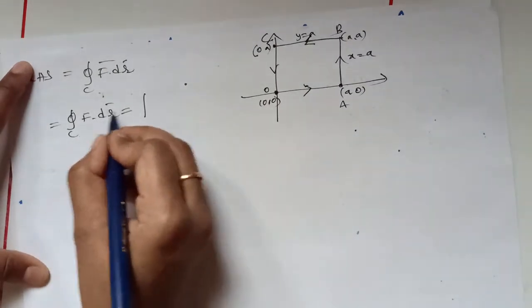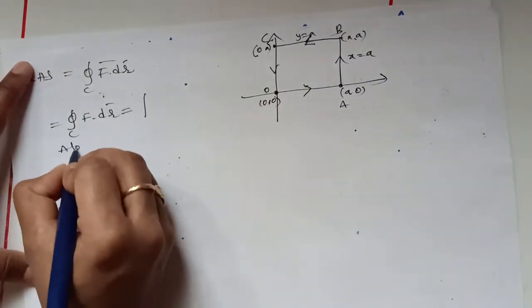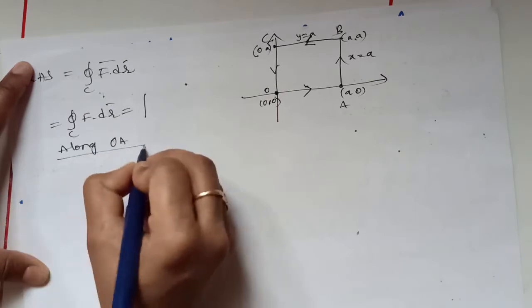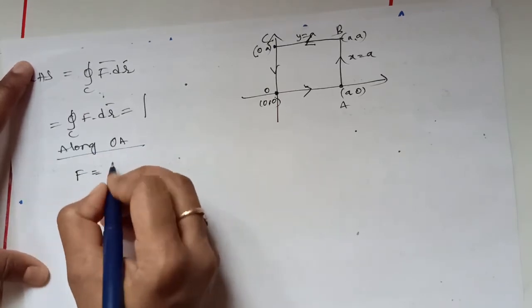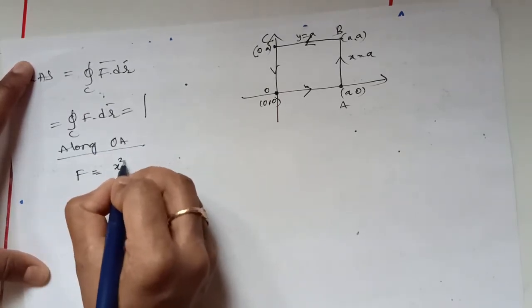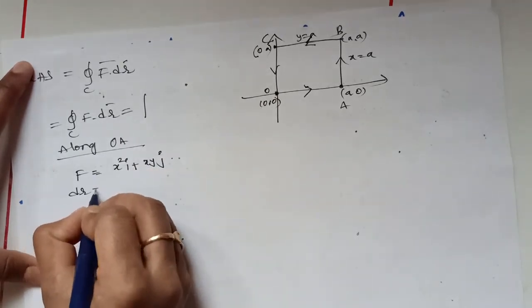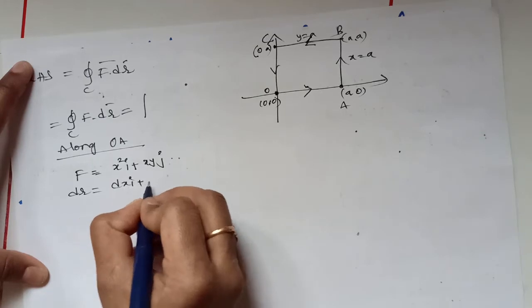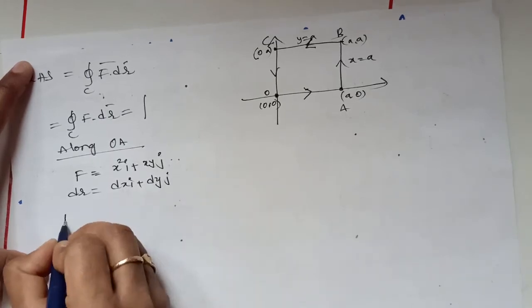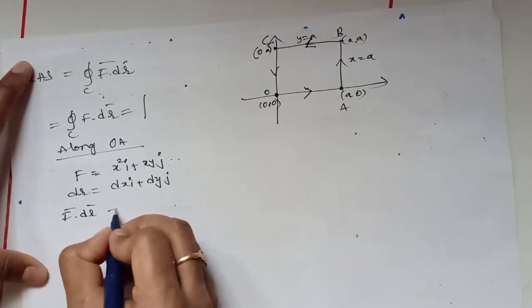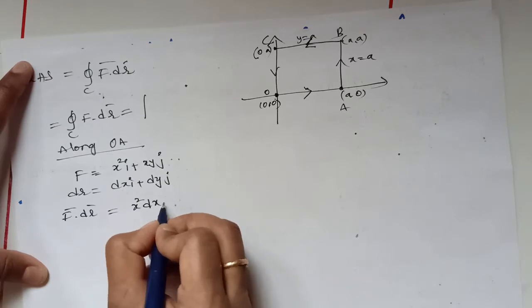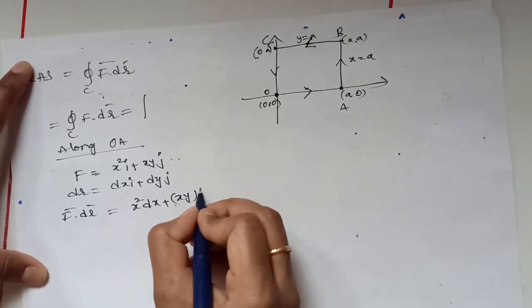Before we find out along OA, first what is F? F is given, that is x square i plus xy j, and dr is dx i plus dy j. Now find f bar dot dr bar, which is equal to x square dx plus xy dy.